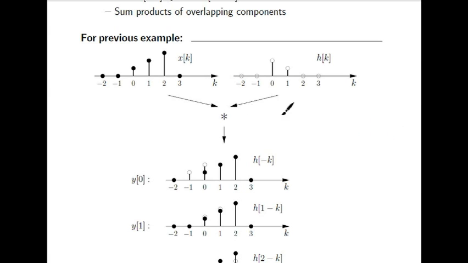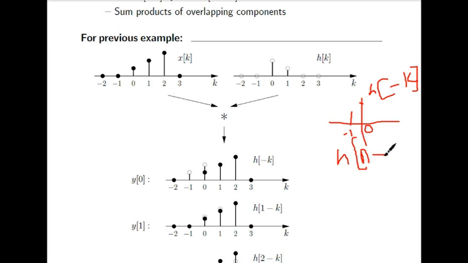If I make the graph of h[minus k], then the function will look like this. Okay, it will be at 0 and at minus 1, and this is h[minus k]. Now if I make the graph of h[n minus k], the graph will look like this.